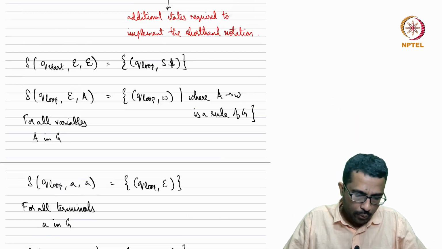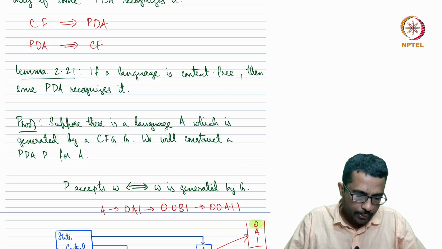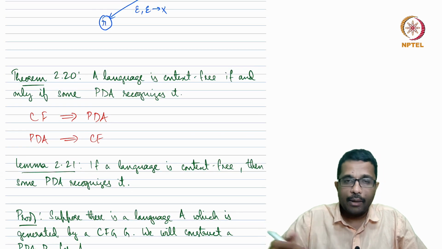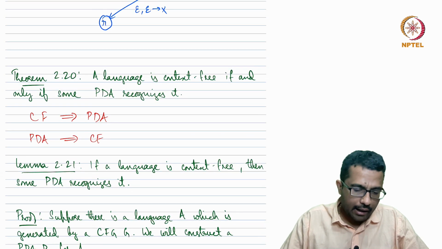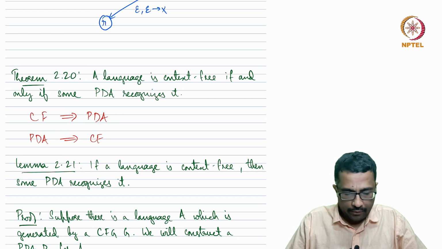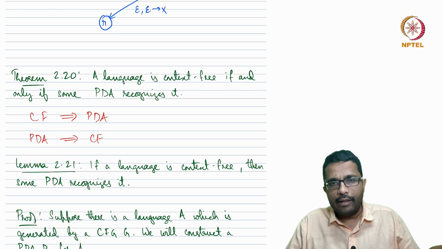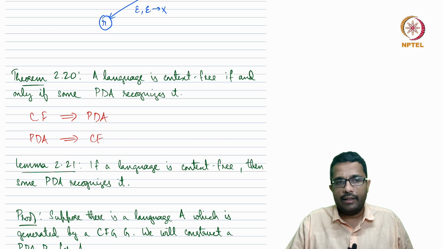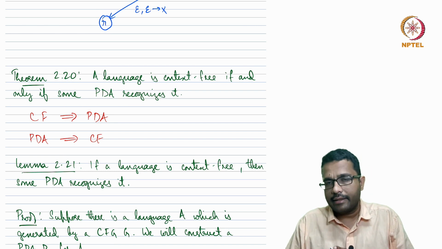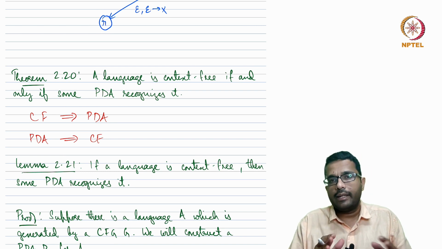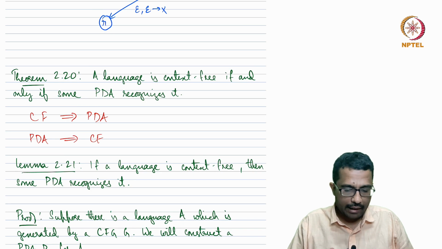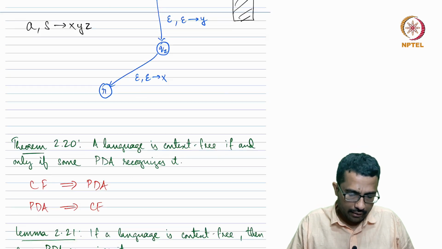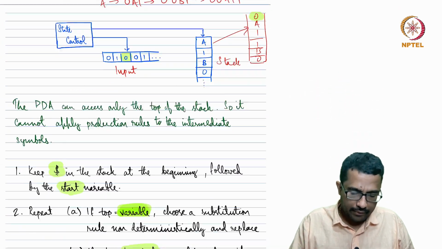What is left, which will be covered in the upcoming lectures, is the other direction of the proof. We will show that if a language is recognized by a PDA, it is necessarily context free, meaning we can build a grammar for it. That we will see in the next lectures.